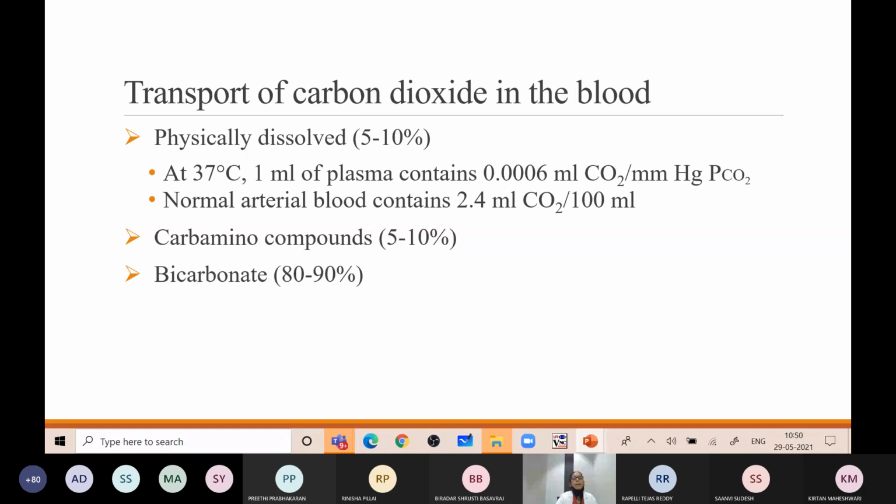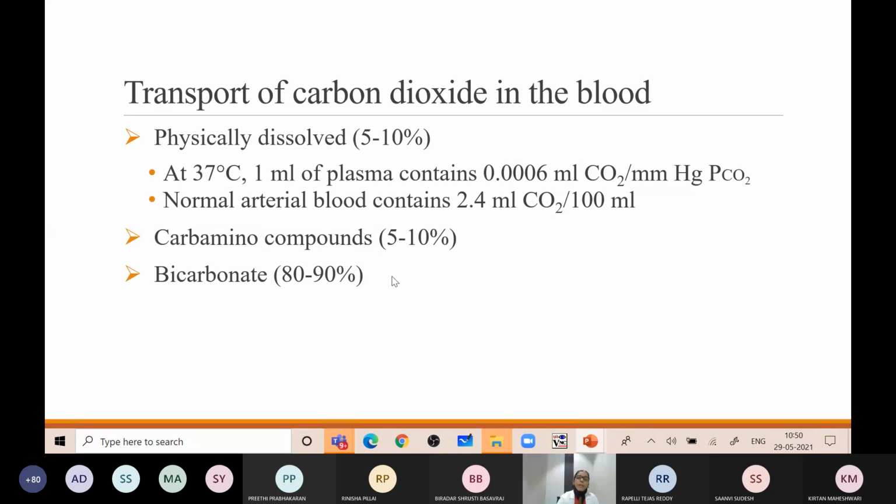Okay. Next, coming on to the transport of carbon dioxide in the blood. Carbon dioxide is transported in three ways: physically dissolved form, carbamino compounds, and as bicarbonate.